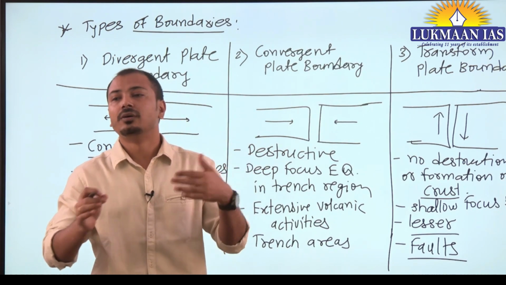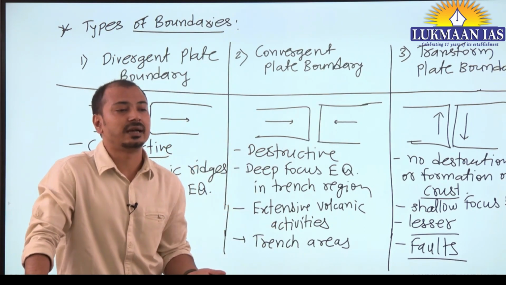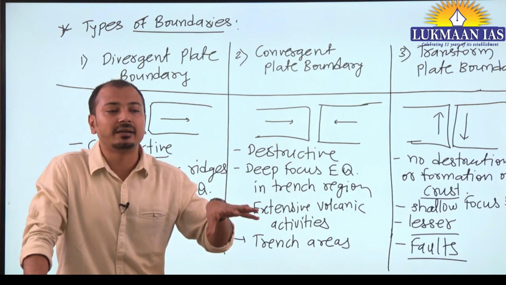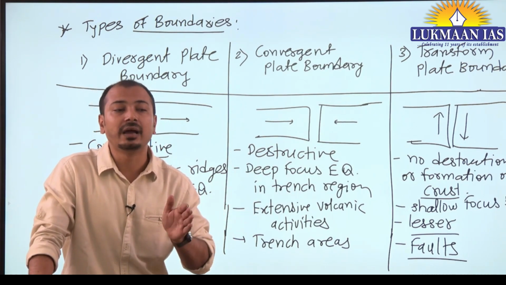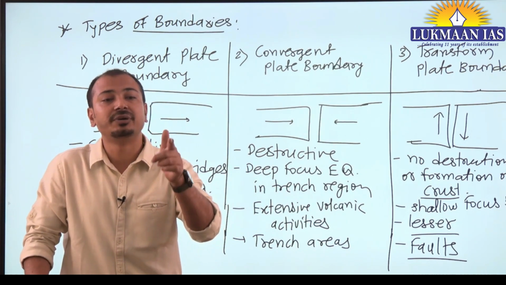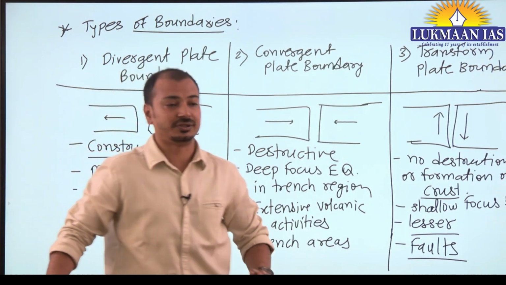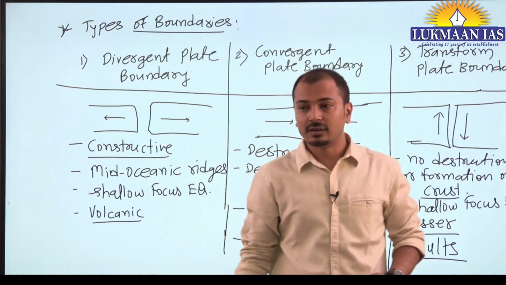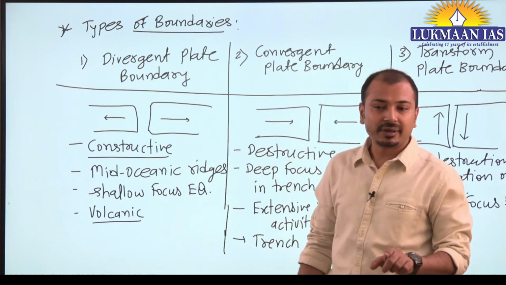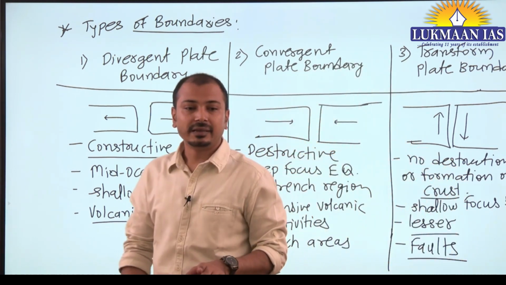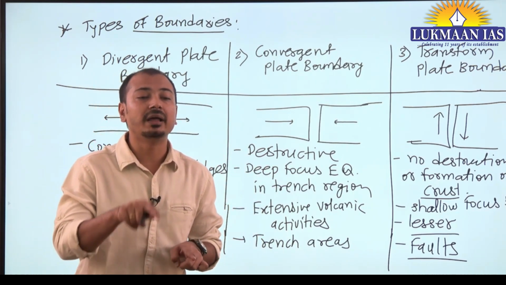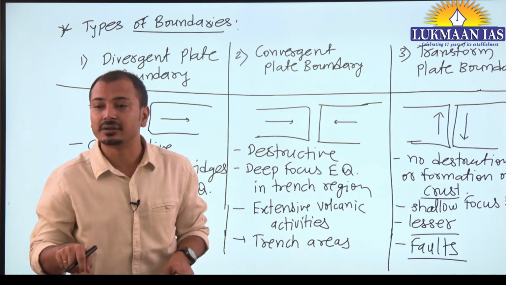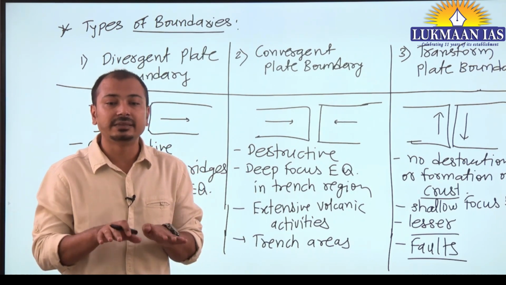So from this we understand that the South American plate and African plate are moving away from each other from the mid-Atlantic Ocean region. So these are divergent.